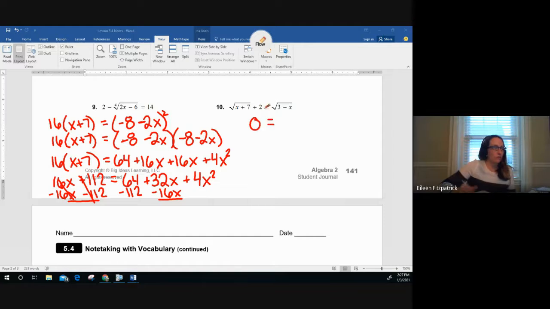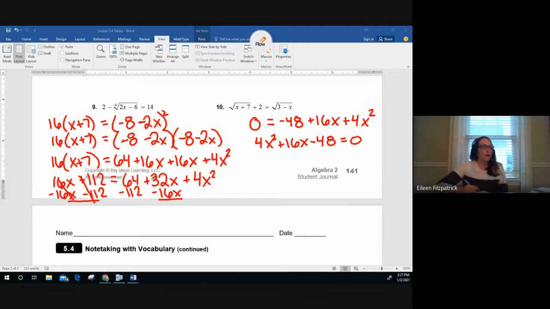So I have 0 equals 64 minus 112 equals negative 48. And then plus 16x and then plus 4x squared. All right, I'm going to rewrite it, just kind of flipping it all around. So it's 4x squared plus 16x minus 48 equals 0. Okay, there is a GCF to pull out, so pull that out first.